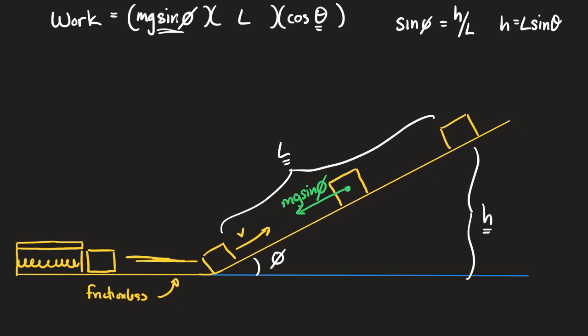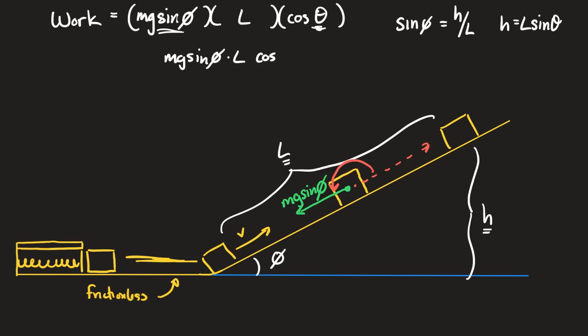So here we go. I want you to first understand that when we calculate the work here, I have mg sine phi times L times the cosine. Now this angle is the angle between the direction the box travels along the ramp and the direction of the force acting on the box. So the box is going this way along the ramp, and that would be the angle between its displacement along the ramp and the force acting on it.